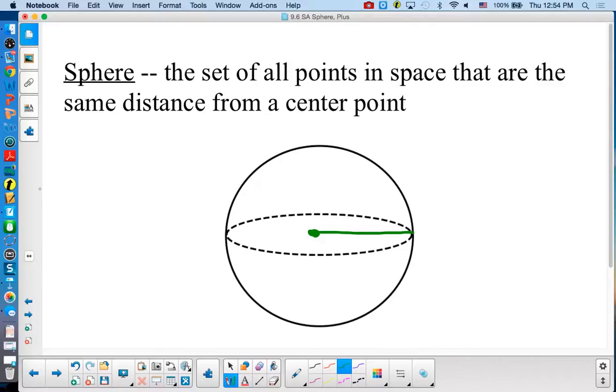Where would you cut through, it's called a cross-section, to get the biggest circle possible? Right through that middle, like the equator of the Earth. So that would be your biggest circle.